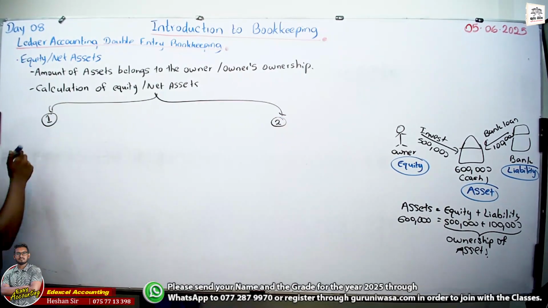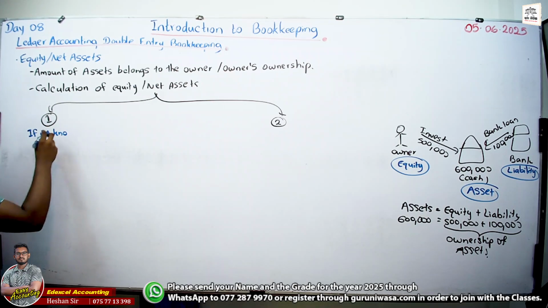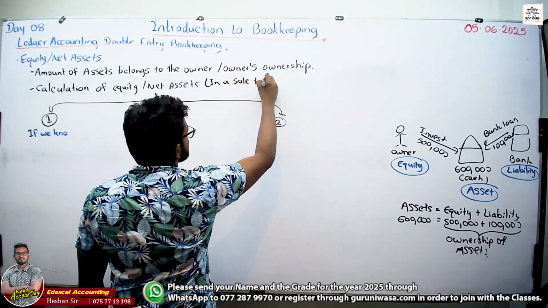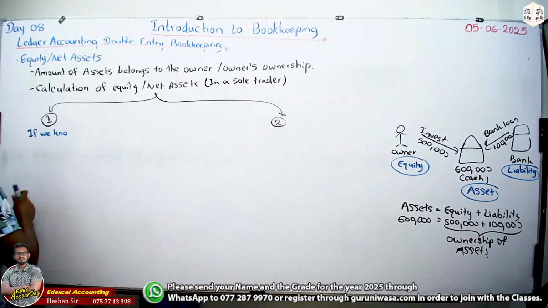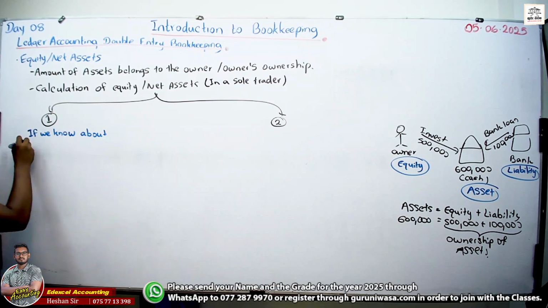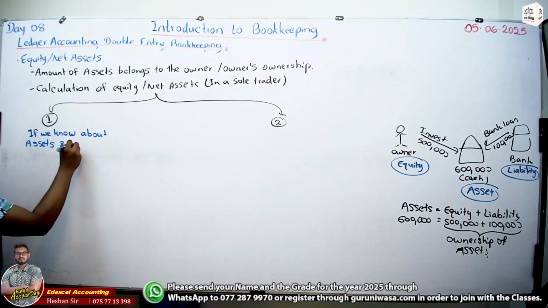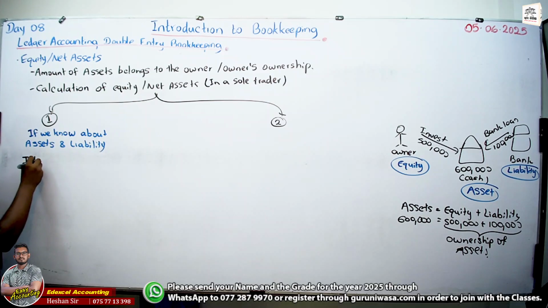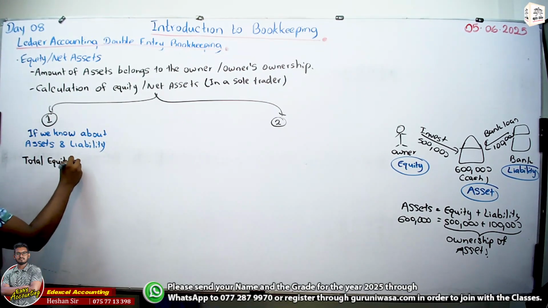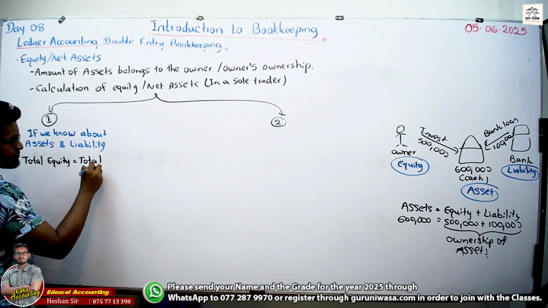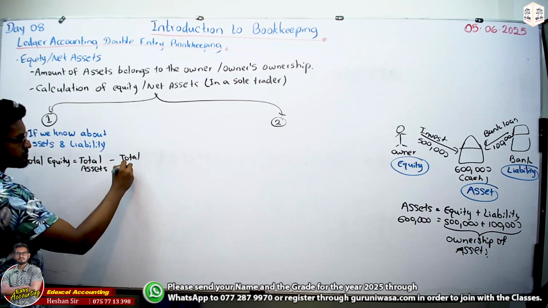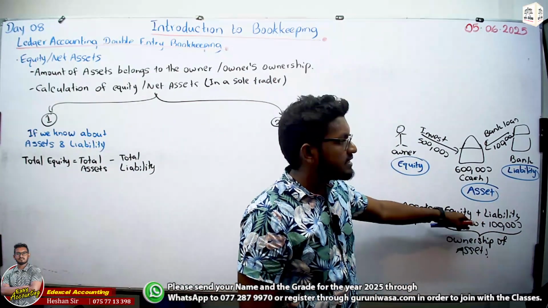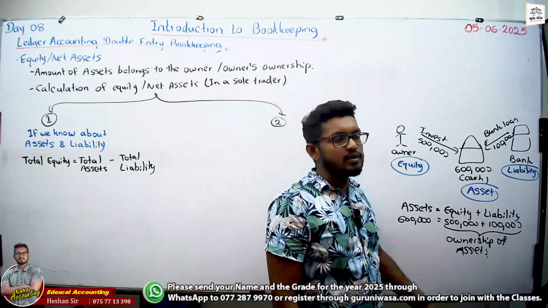In method 1, if we know about the calculation of net assets or equity in a sole trader, with single ownership, and we know about assets and liability, we can calculate total equity equal to total assets minus total liability. How do I get it? If assets equal equity plus liability, I keep equity here and take liability to this side. Assets minus liability equal equity, right?